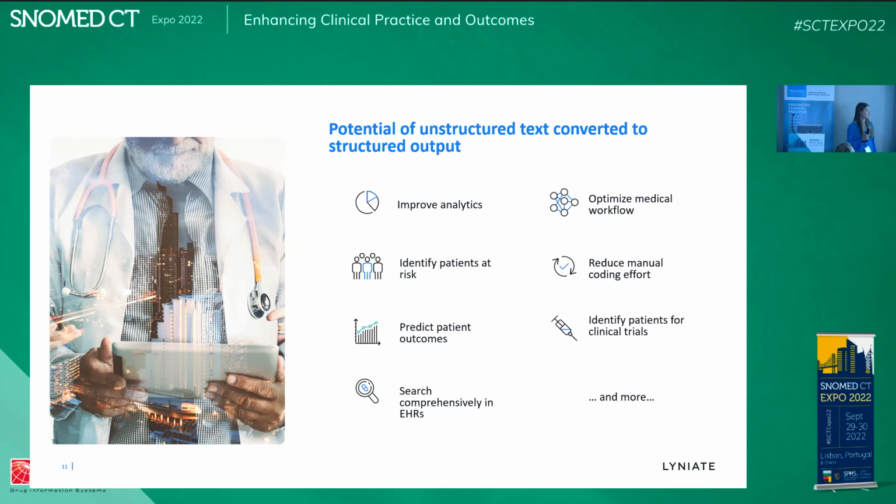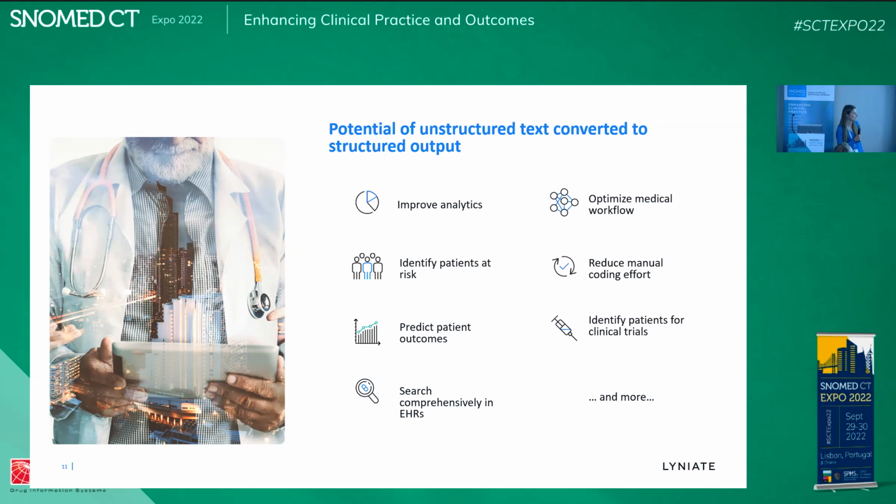Optimizing the medical workflow could be another case. For example, if you want to get a full overview of a patient, sometimes some patients have a huge EHR, and it's super time consuming to read through all that text. So if you could build up a more historical overview with the important diseases and procedures based on the free text, that would be one thing to optimize with this product.